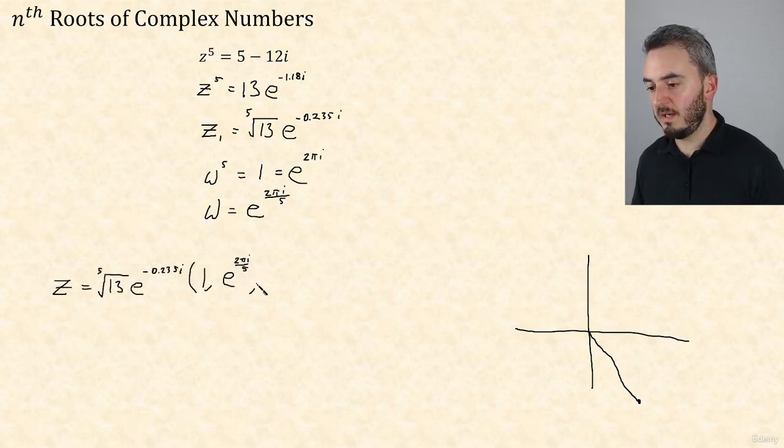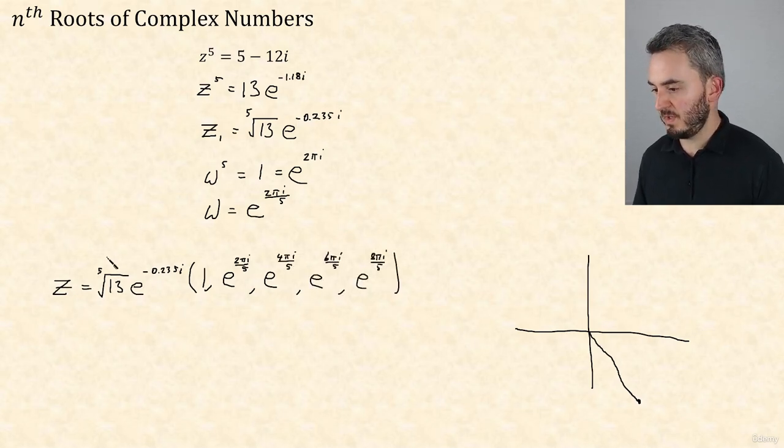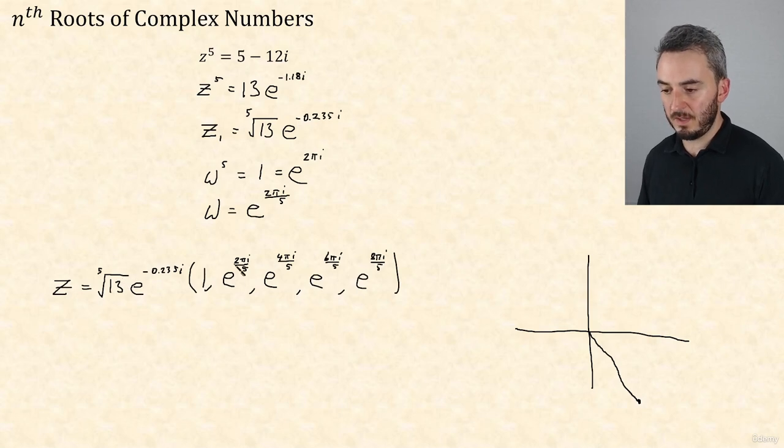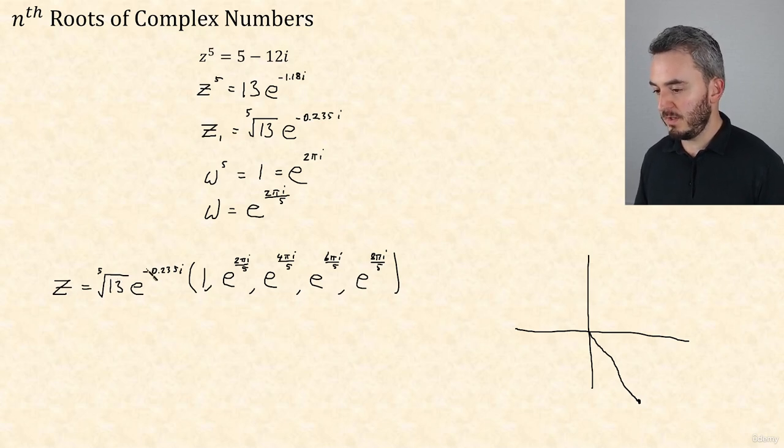Now, a really lazy way of writing this out would be something like this, where I've factorized it out of my list. So there's my z1, and there's 1, omega, omega squared, omega cubed, omega to the 4. And just to show you what one of these could look like in a plus bi form, let's do this one times that.